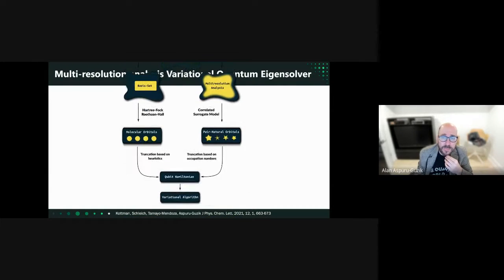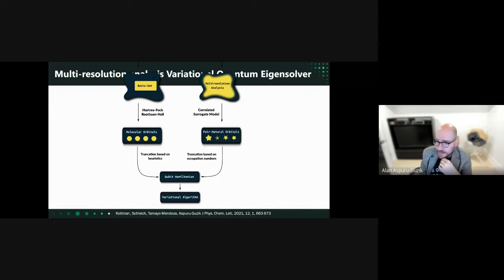Then you take the PNOs, or pair natural orbitals, that come out of this multi-resolution analysis, and build a qubit Hamiltonian where you can apply all your previous tricks. Okay, you could apply adaptive methods, you could apply your particular optimization algorithm, particular ansatz, or even gradient algorithm, as I'll mention the gradients in a second.